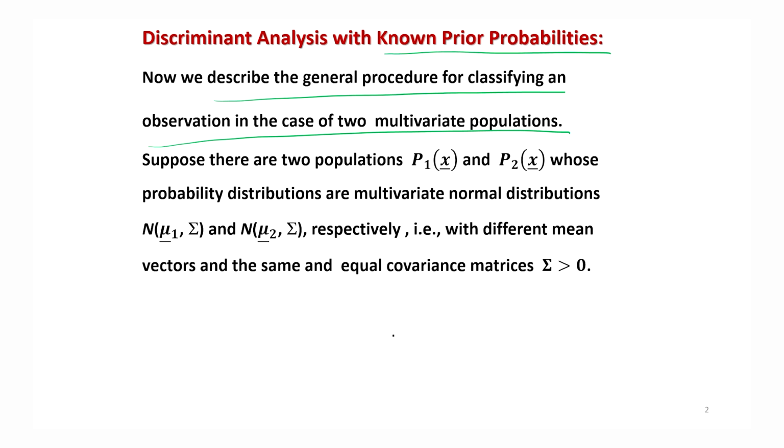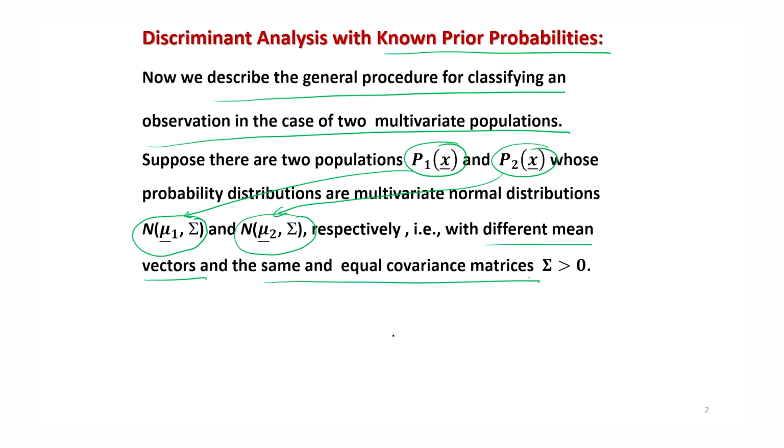So these populations were indicated by P1(x), which is now indicating the multivariate normal population with mean vector mu1 and covariance matrix sigma, and P2(x) is the multivariate normal population with mean vector mu2 and the same covariance matrix sigma. We can see that the mean vectors are different, but the covariance matrix is the same, equal sigma, which is a positive definite matrix that we know.